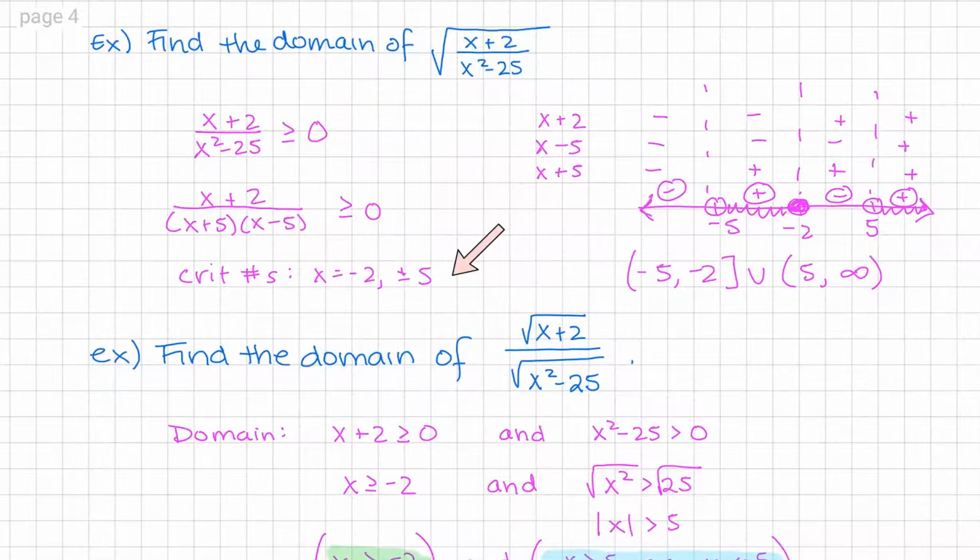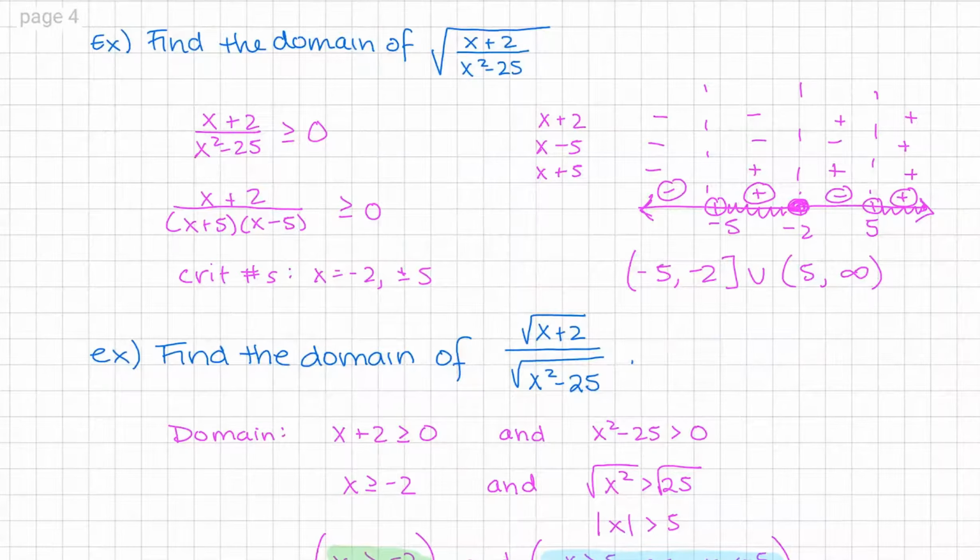And then we solve it like we've been doing the other problems. So if we take a look, this denominator can factor into those two factors. It gives us our critical numbers of x equals -2 and plus or minus 5. List the factors off to the left. We put our critical numbers on the number line.